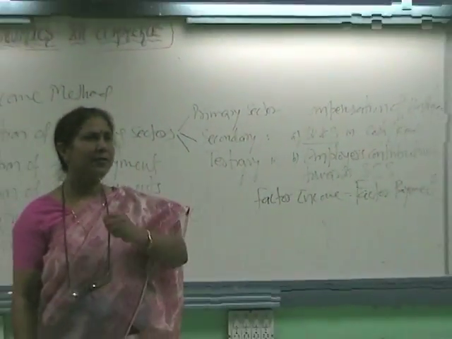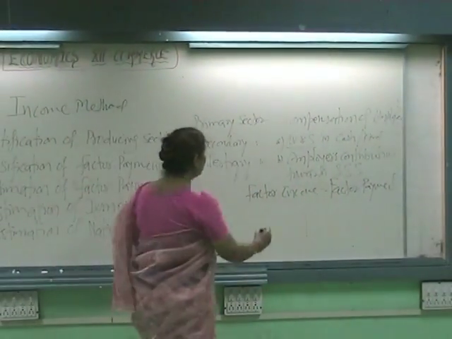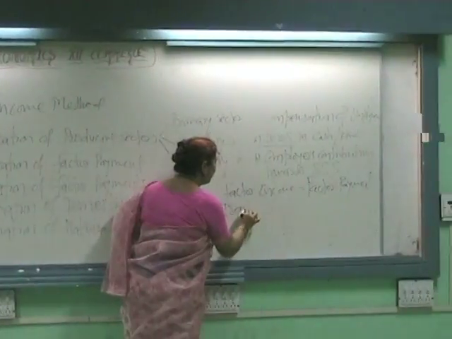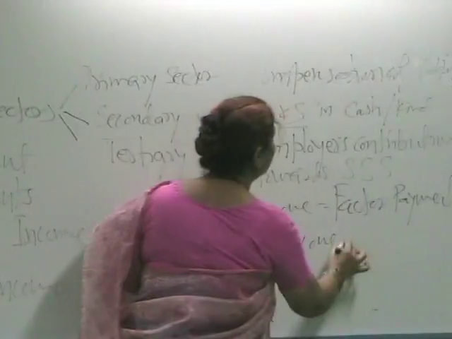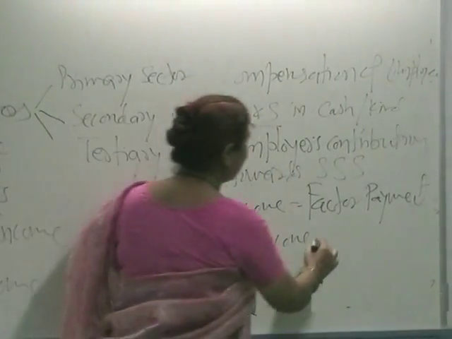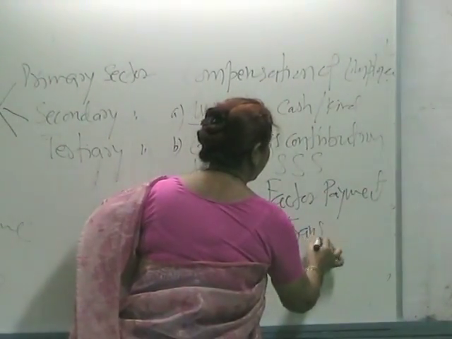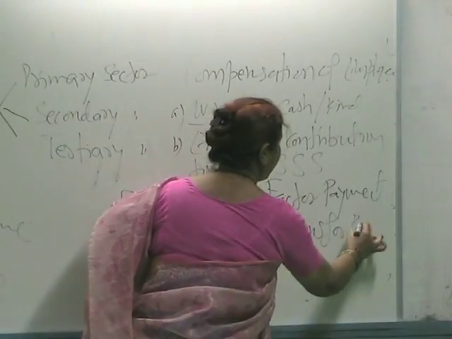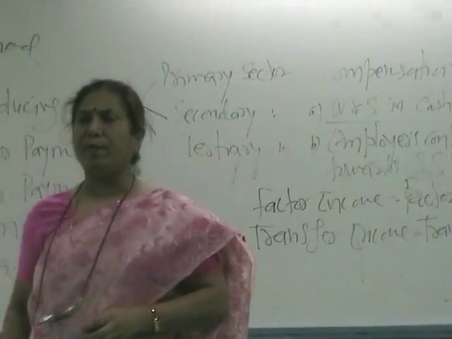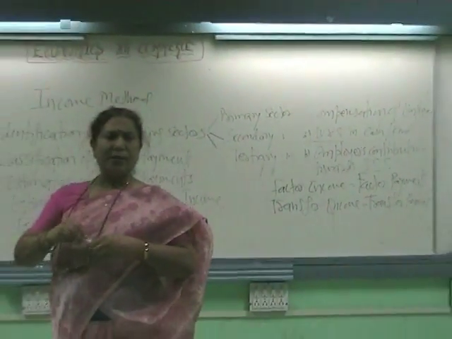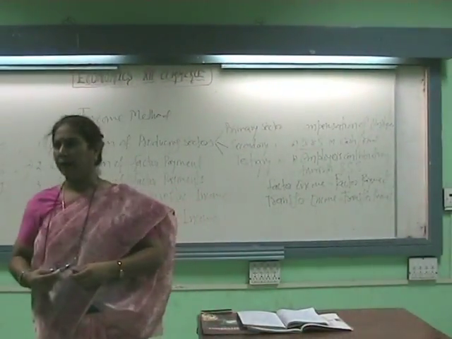There is another concept, and that concept is called transfer income or transfer payment, which we will be using in this method. Now see, in factor income or factor payment, one is offering something, the other is getting.